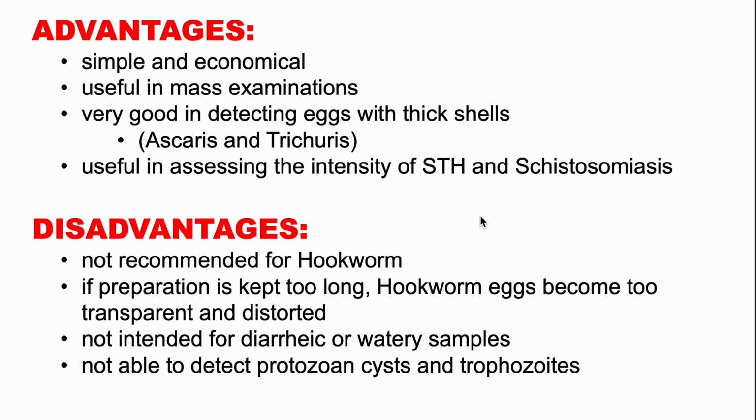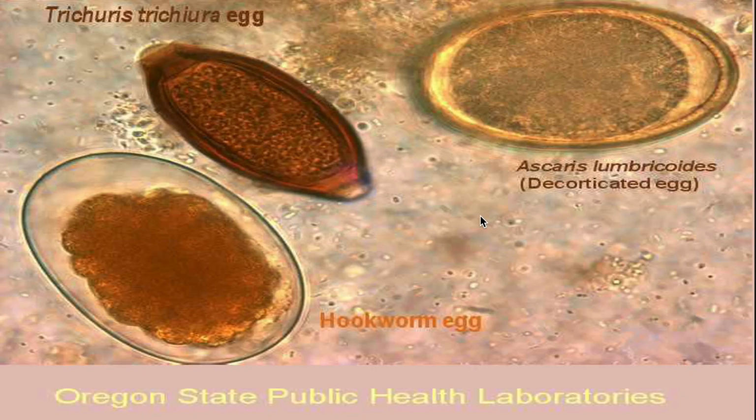For the advantages, number one, it's simple and economical. It can be used in mass examinations and is very good in detecting eggs with thick shells such as Ascaris and Trichuris. It is not recommended for hookworms, because hookworms have thin shells.